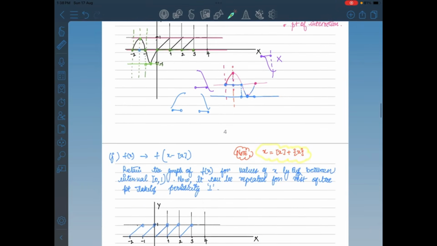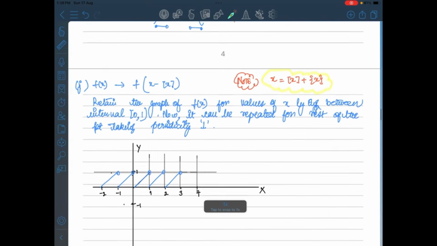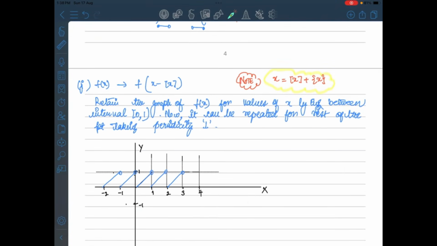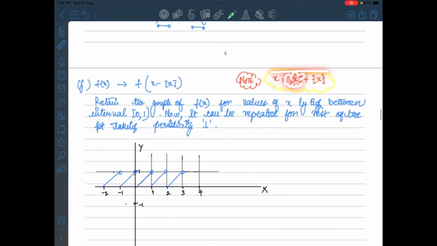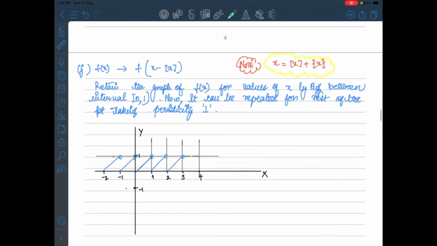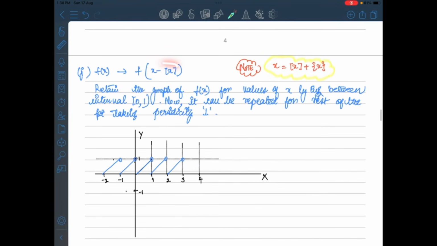Let's go to the next one. Next one is again a very important one. First of all, let us understand, before doing all this, you should have learned the properties, greatest integer, fractional part. So x is equal to greatest integer function of x plus fractional part of x. Now basically I can replace this as fractional part of x.